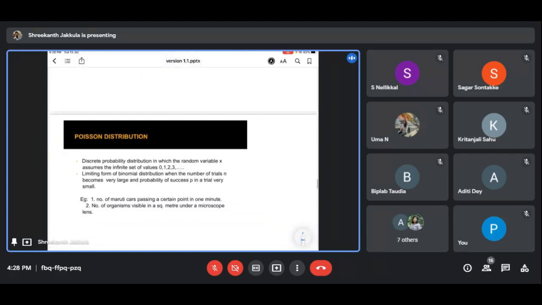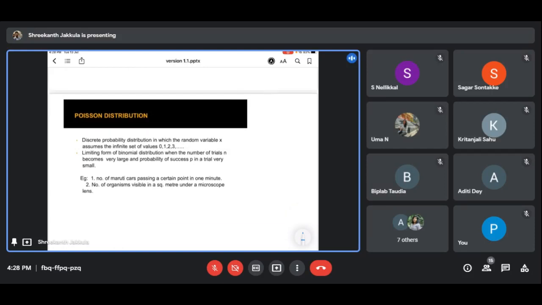What is the difference between binomial and Poisson? Poisson is where the random variable is assumed to take an infinite set of values. It is a tool to predict the probability of a certain event happening, given how often the event has occurred. That is the number of events happening in a fixed interval of time. For example, in 1 minute, how many cars have passed on this road?